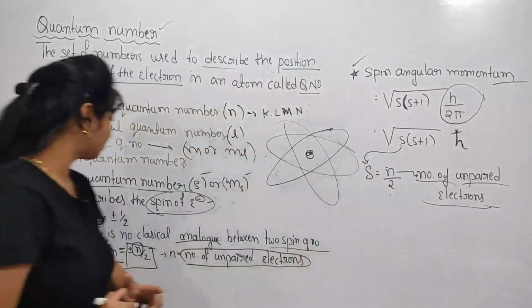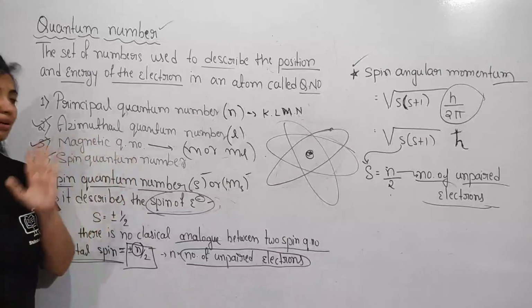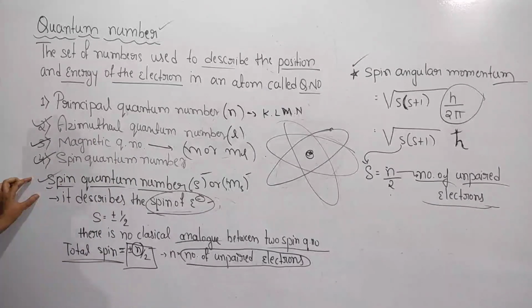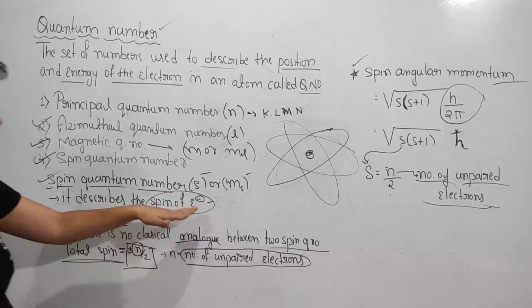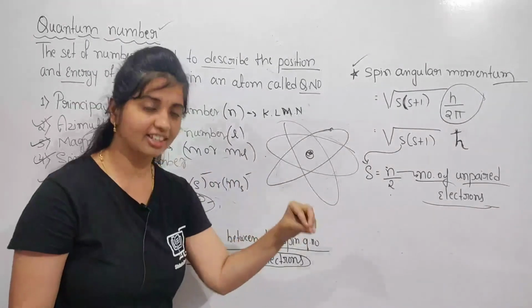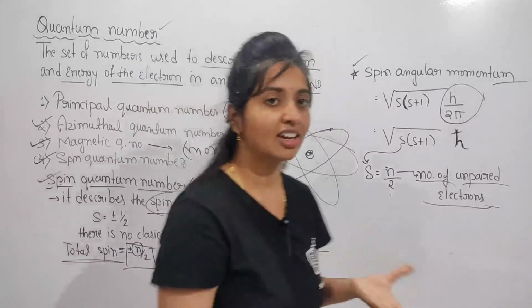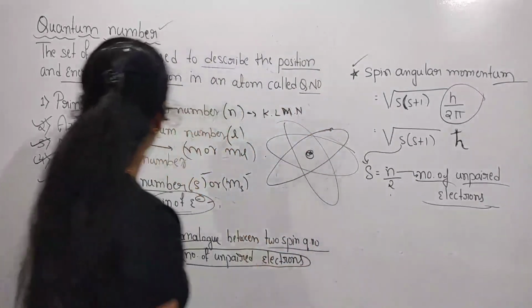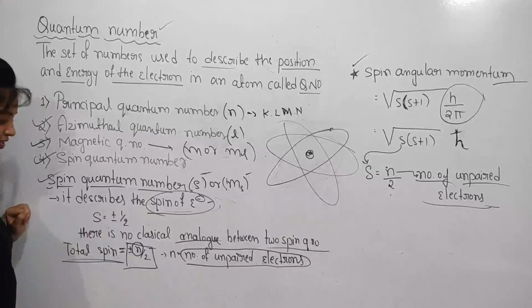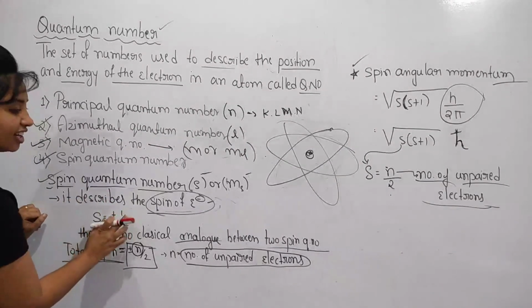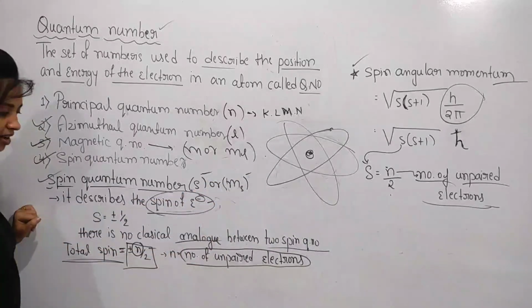So this is about the spin quantum number. It tells us the spin of the electron. The electron may rotate in a clockwise direction or in an anti-clockwise direction. So the spin quantum number value is plus or minus 1 by 2. There is no classical analog between the two spin quantum numbers.